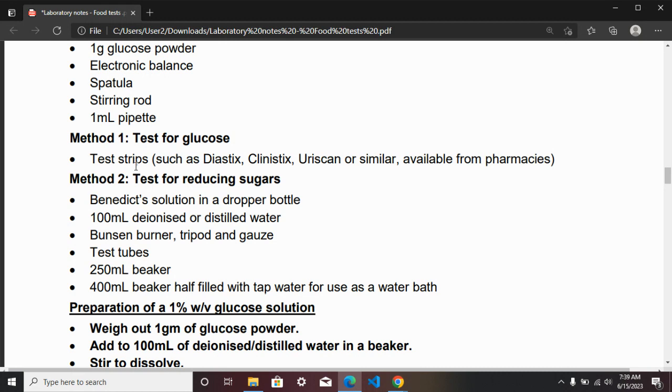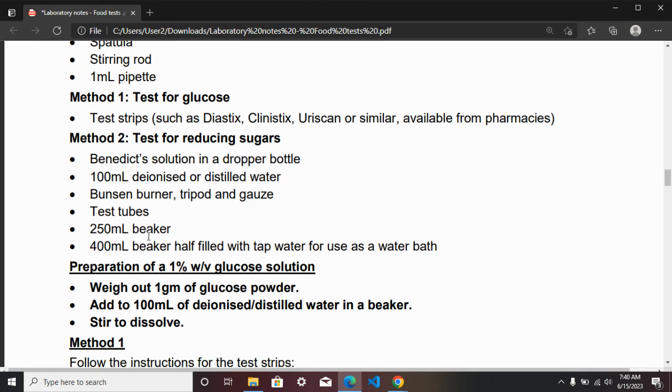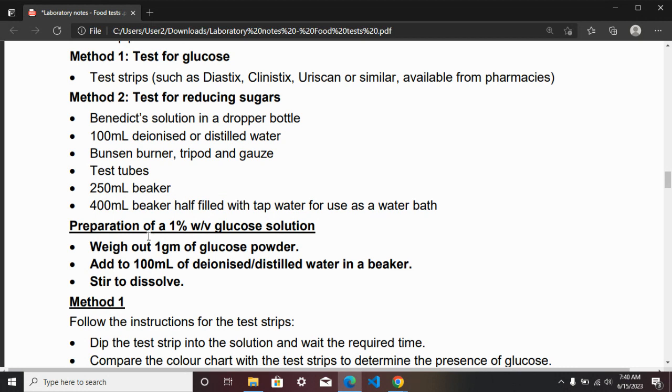So then the Benedict solution in a dropper bottle is the method we'll be using. We add Benedict solution in a dropper bottle, 1 milliliter of deionized or distilled water, a Bunsen burner, a tripod, and a gauze, which is where we put our beaker when it's on the Bunsen burner.